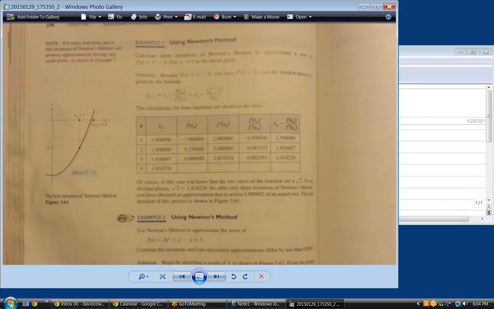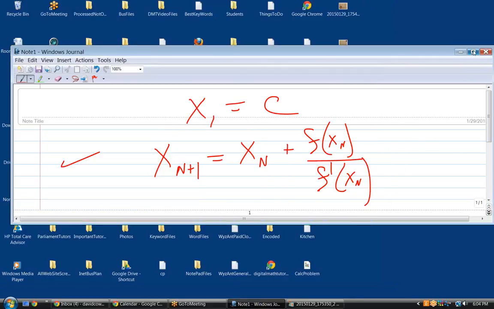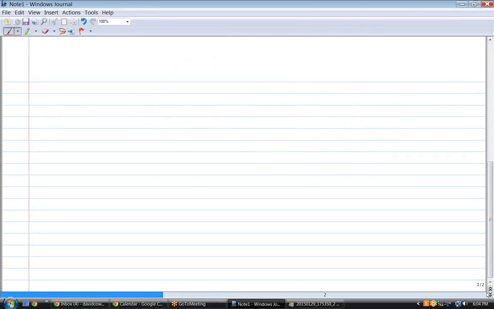Do you want to go through an example of one? Yes, please. All right, let's go through a different one here.